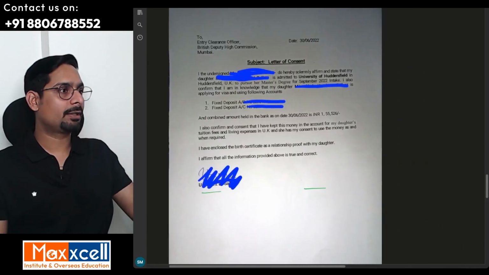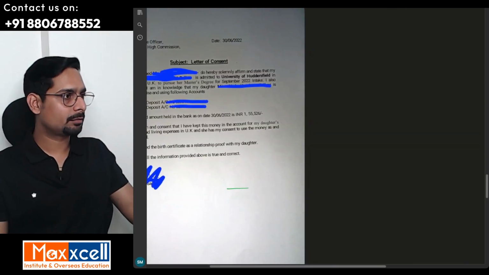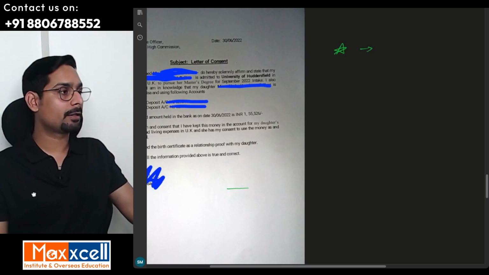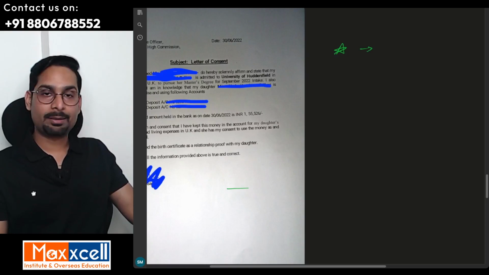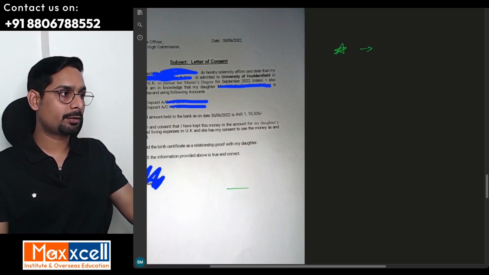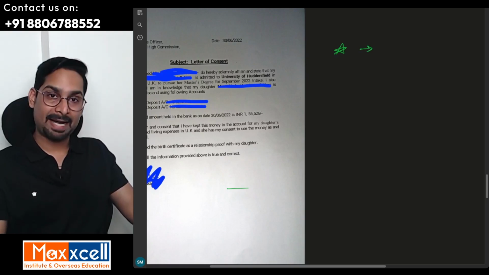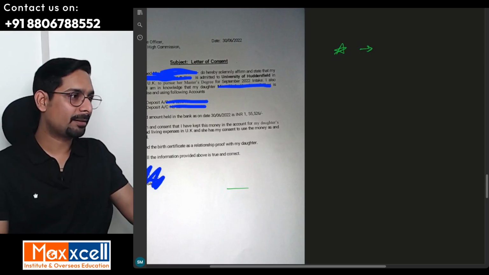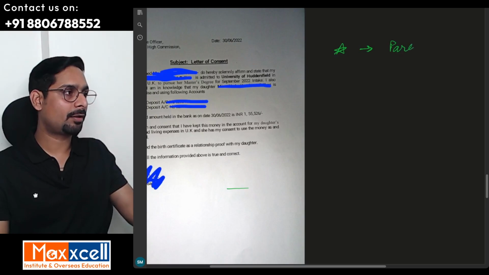One important thing which I would like to bring to your notice is that the bank account in which you are showing the funds should be either in the parent's name or in the applicant's name.